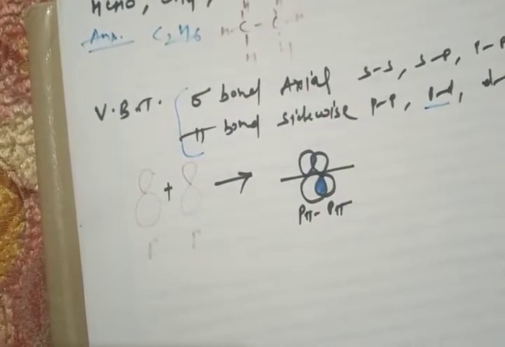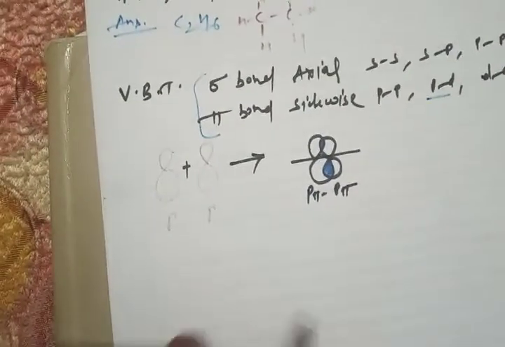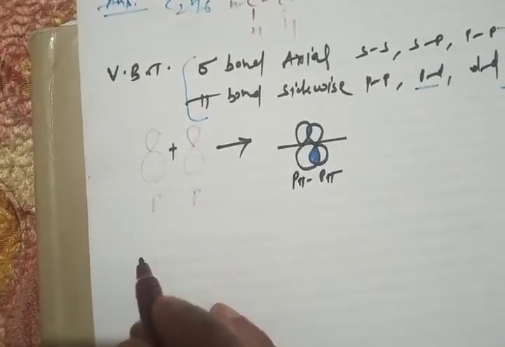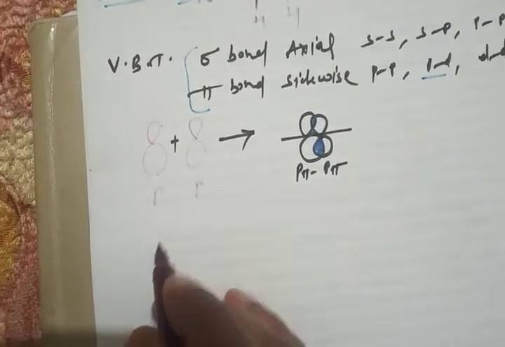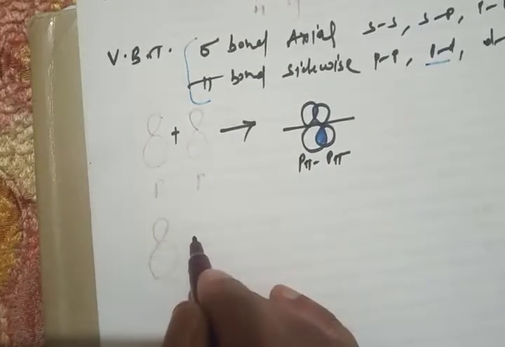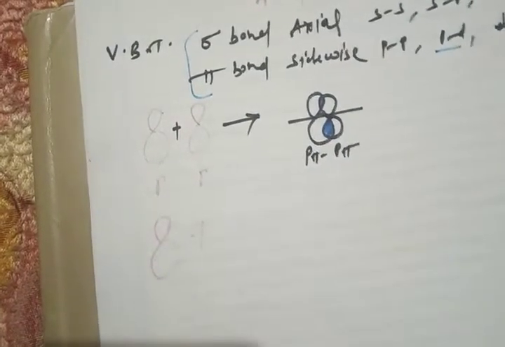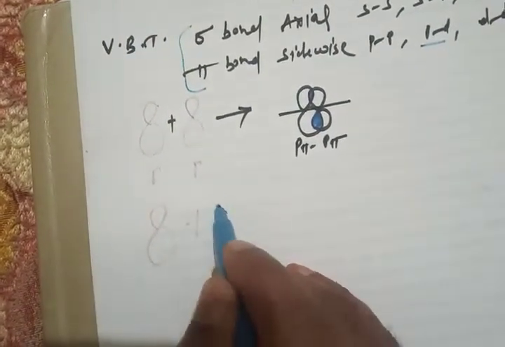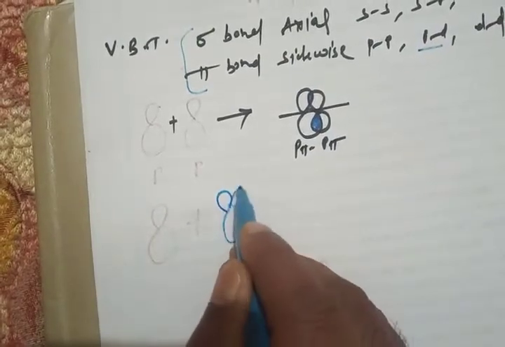So this is pπ-pπ. Then we'll take another example of p and d. So we have a p orbital here, then we have a d orbital.